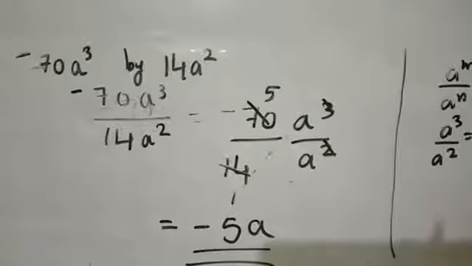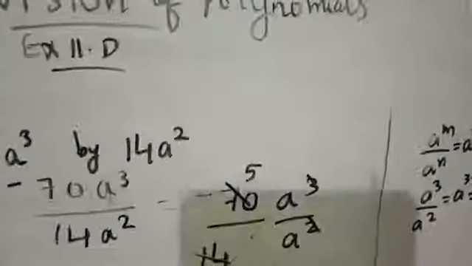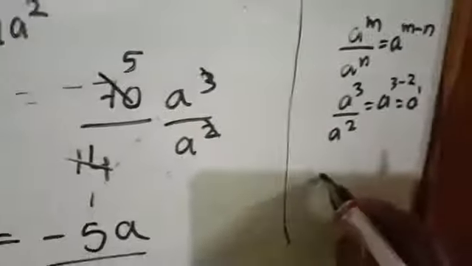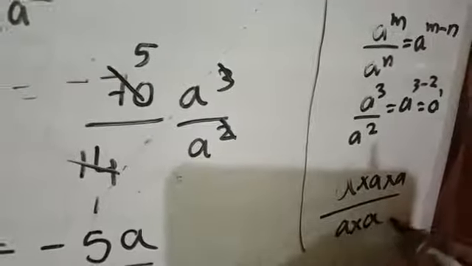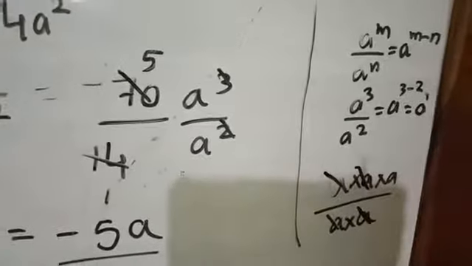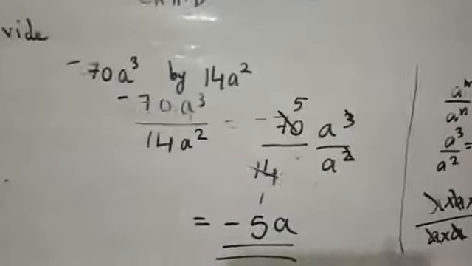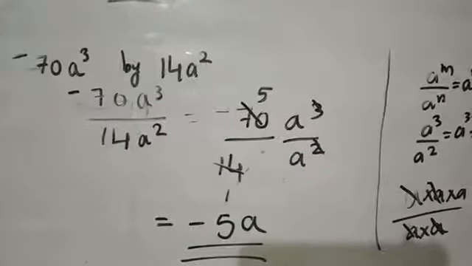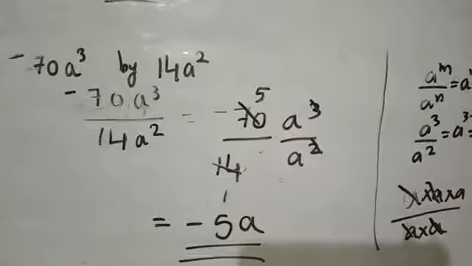Others will cancel. This a and this a will cancel. Then only one a is there. So a raised to m by a raised to n is a raised to m minus n, so 3 minus 2, that is minus 5a.